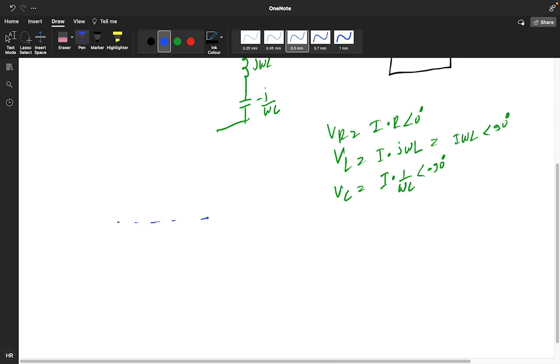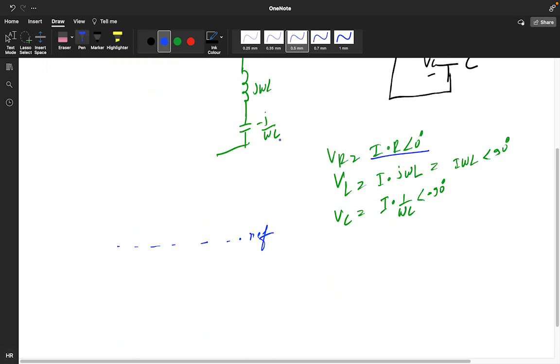This is your reference. What will be VR? VR is I into R, so first draw I. I is at an angle 0 degree only, so this is your I. What about VR? VR is also at the same angle, so this is your VR. What about VL?